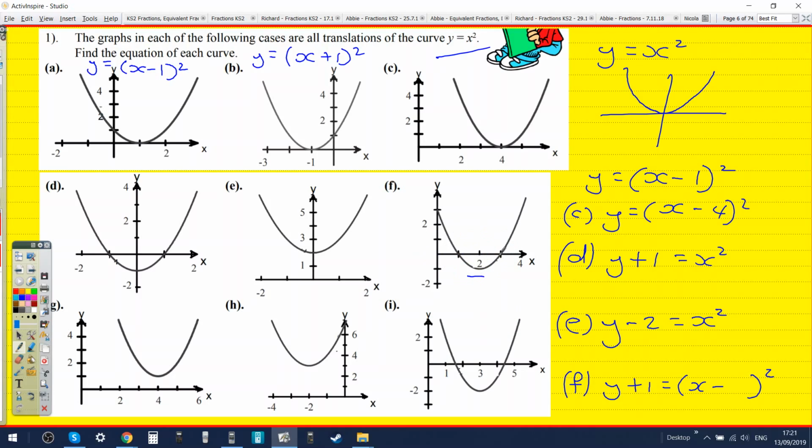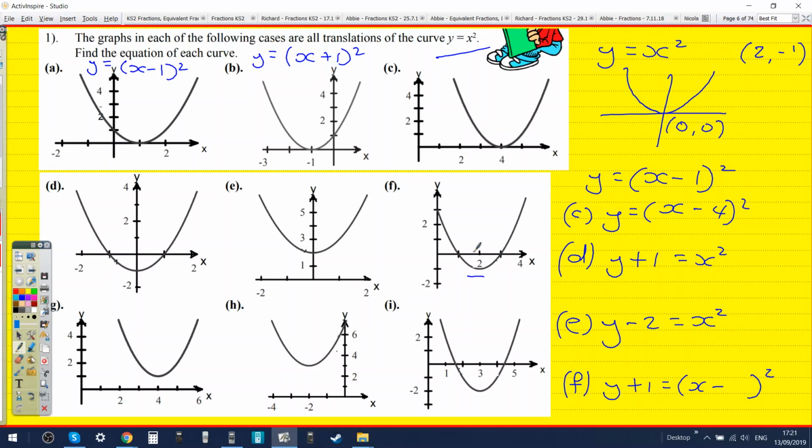The minimum was originally at 0, 0. It's now at 2, minus 1. And so what happened to the x? It went down by 1, times minus 1.